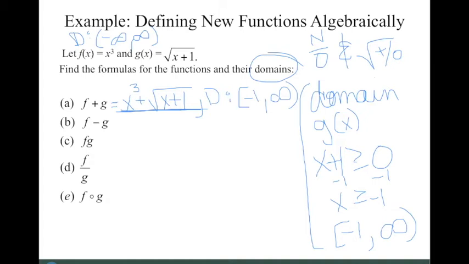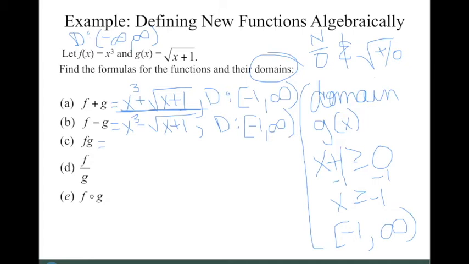The same thing happens for f minus g. We have x cubed minus the square root of x plus 1. Again, we have that square root, so our domain is going to be limited. Our domain will be from -1 to infinity, including -1. So it's a square bracket on -1. And then we have f times g.